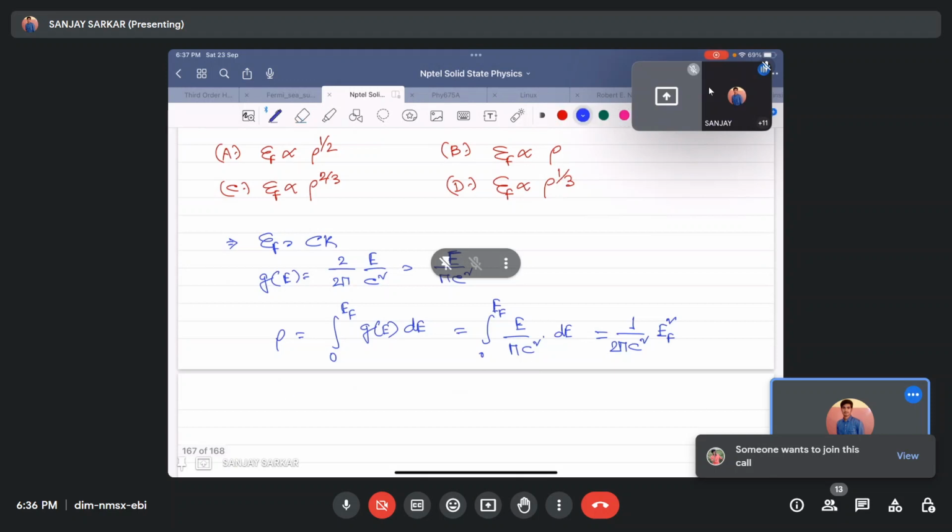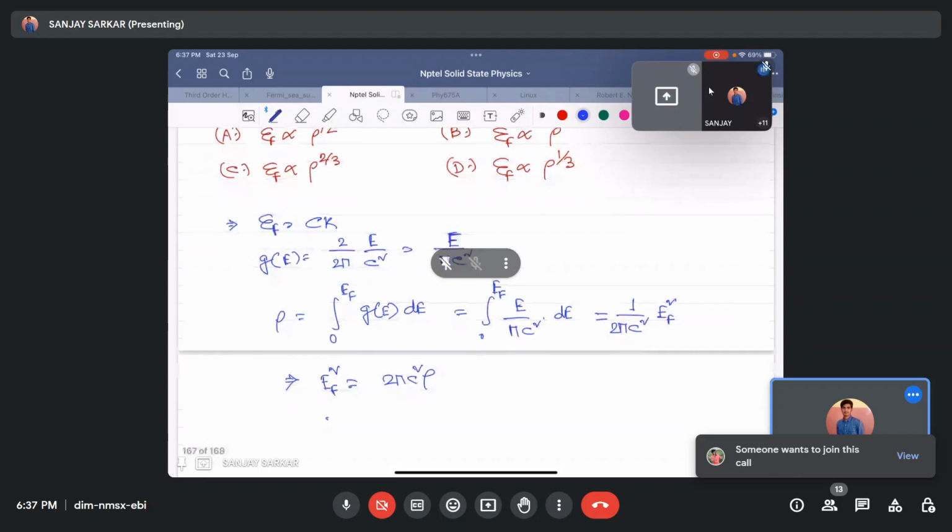So for the dependence of energy, EF square is 2 pi c square rho, which implies that EF is the square root of 2 pi c square rho. That means it is proportional to rho to the power half.